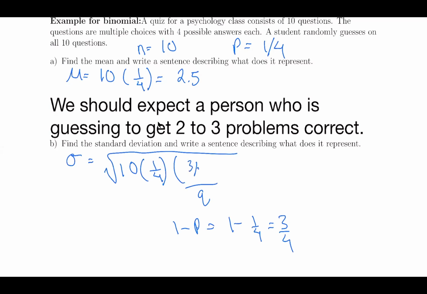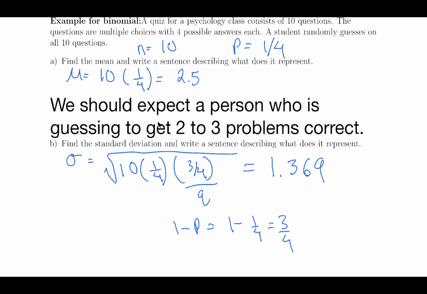So you put 3 over 4 over here. And let's see, what do we get? It's the square root of 10 times 0.25 times 0.75. You get 1.369. So for our standard deviation, we get 1.369.